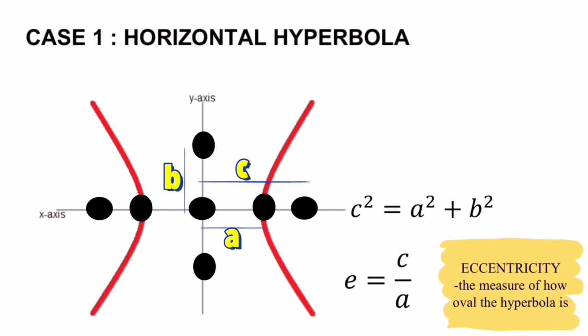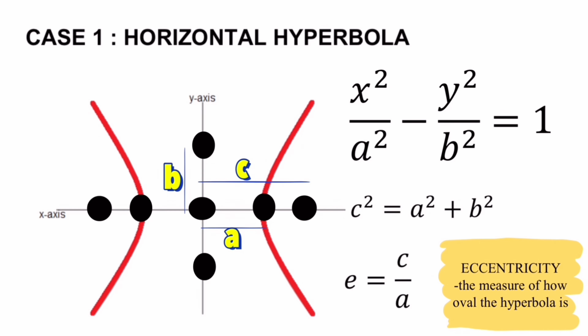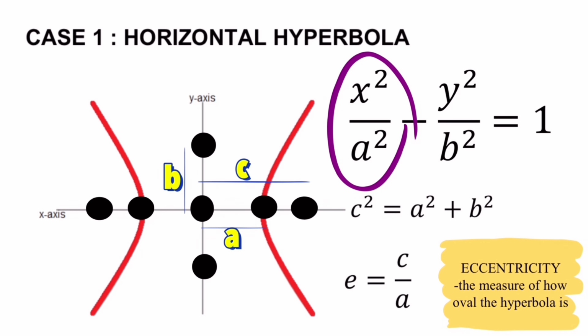Now, the standard formula for a horizontal hyperbola is x squared over a squared minus y squared over b squared equals 1. Please notice this. Since our vertex is on the horizontal axis, we place a squared under the x squared, and the x squared over a squared is positive.